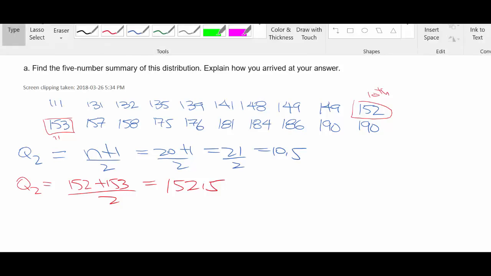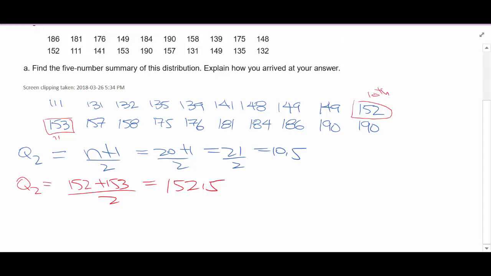Well, Q1 is going to be halfway between the 10th value and the start. So how many values do we have here? Well, the median is actually 152.5. So 1, 2, 3, 4, 5, 6, 7, 8, 9, 10. So halfway down the middle here, 1, 2, 3, 4, 5.